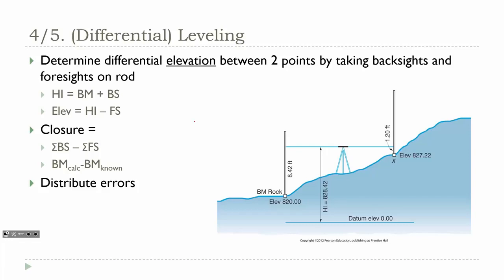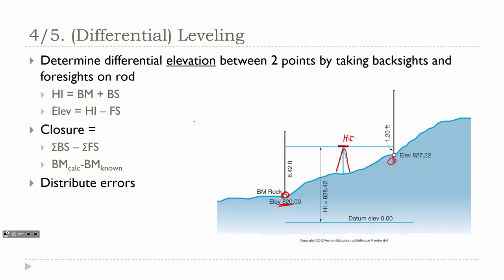But the typical problem, you have an instrument set up somewhere, you have some sort of benchmark that you're using as your reference elevation. In this case, it's BM rock that has an elevation of 820, and you're trying to find the elevation of point X. So HI in this case corresponds to the height of the instrument. We start with the elevation of 820.